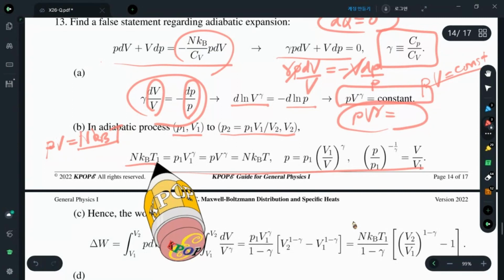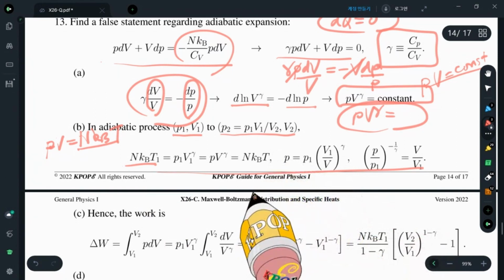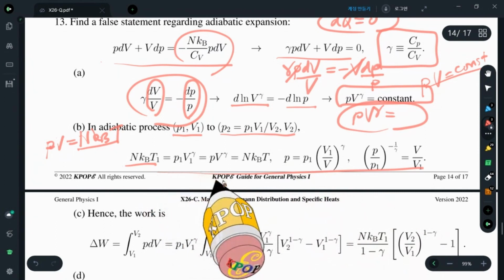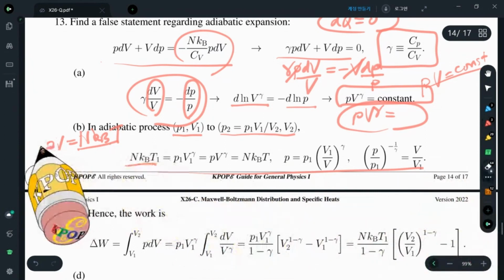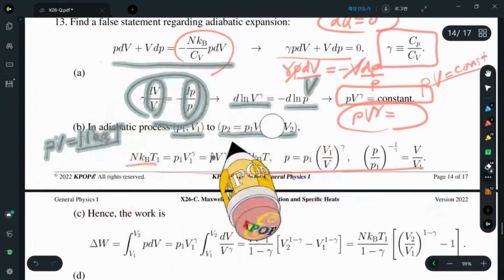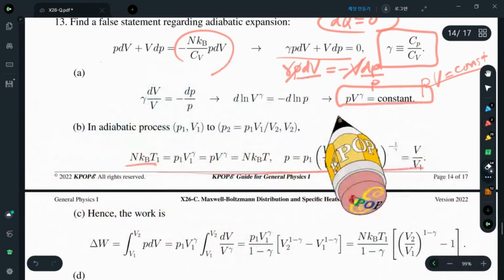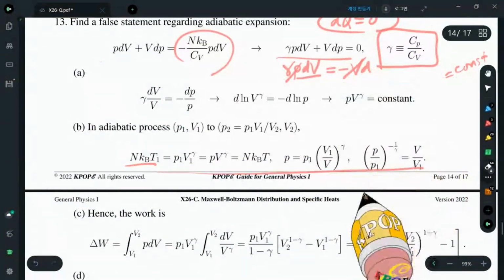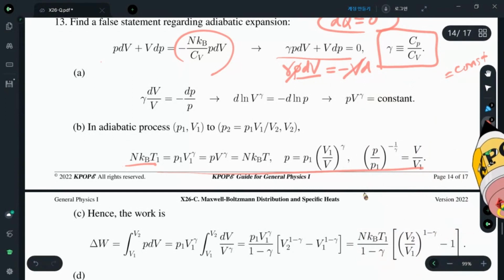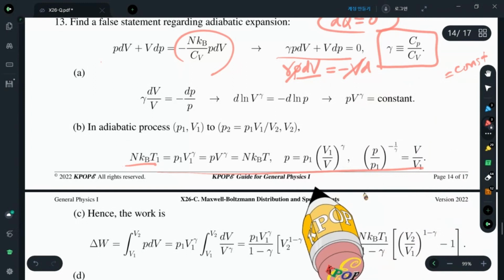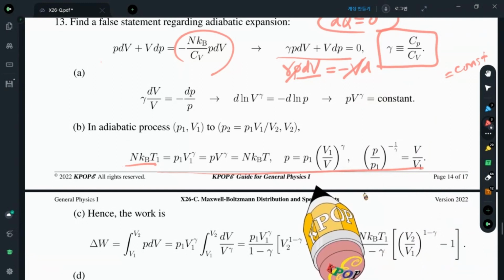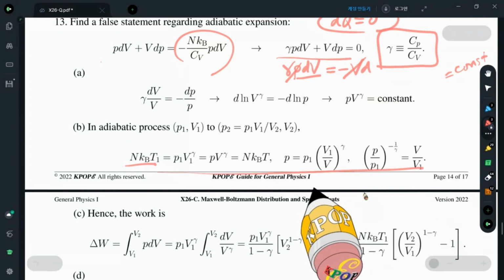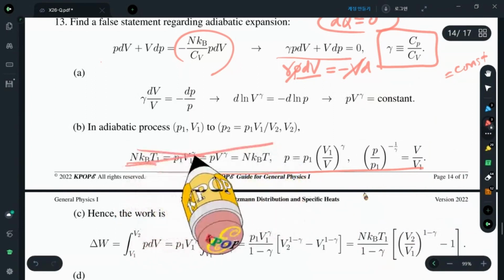Wait a second. I think this part is unnecessary.